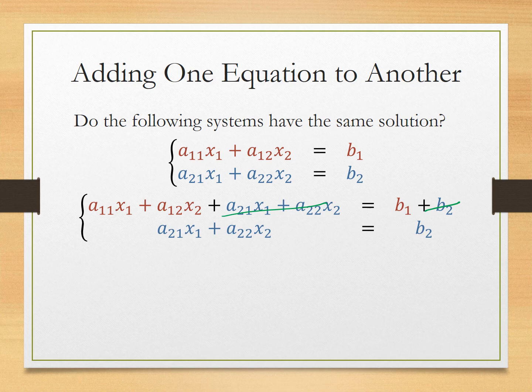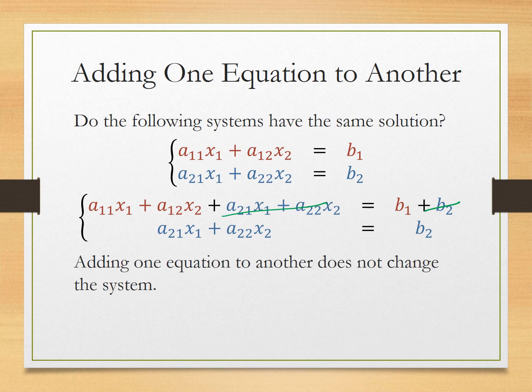So when you're adding the same thing on both sides, that's the same as saying you're not adding anything. This is probably the hardest concept to get. Adding one equation to another actually does not change the system. It does not, because you can always cancel out what you have added, and you would just get back the original system.